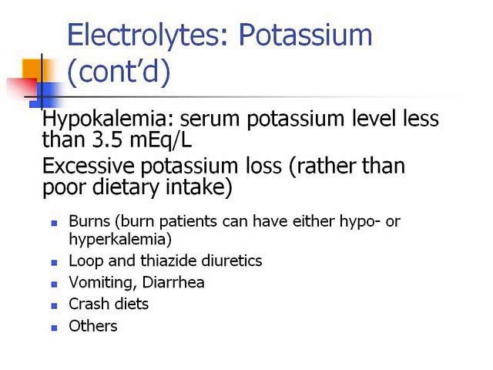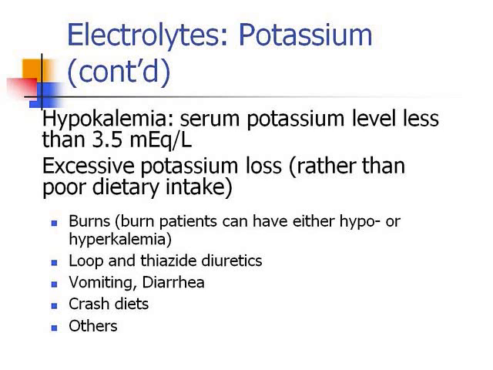Hypokalemia is serum levels less than 3.5 milliequivalents per liter. It can be from excessive loss rather than a poor dietary intake. We can get it from burns. Now, people who are severely burned can either have very low or very high levels of potassium, so you have to check this.